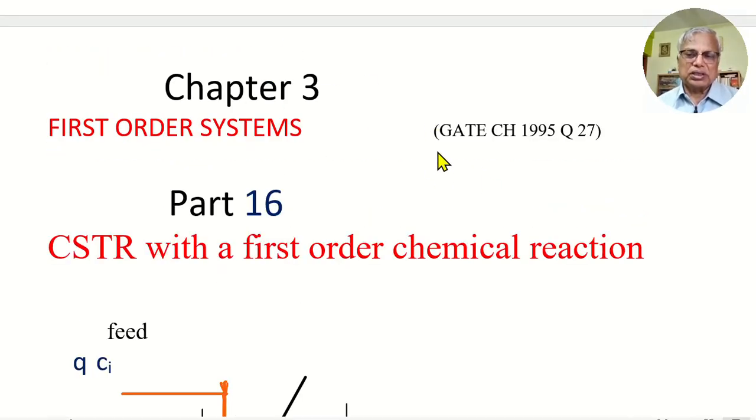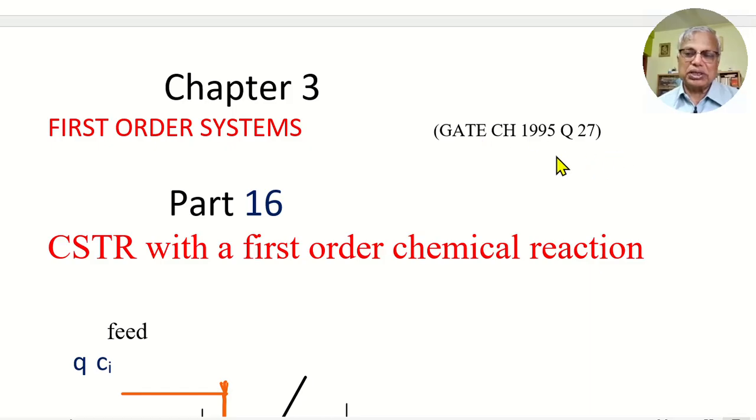By the way, this is a question in one of the previous year GATE question papers, GATE chemical engineering 1995, question number 27. This process has been described there, and you are asked to derive the transfer function.